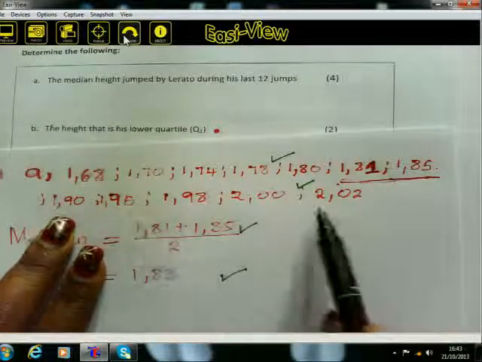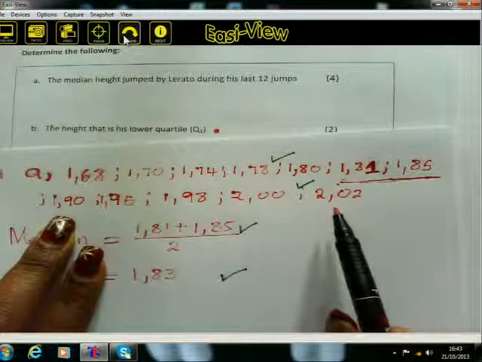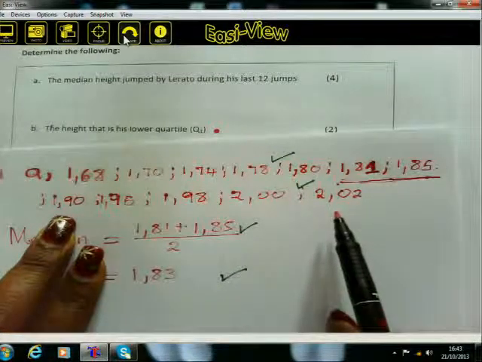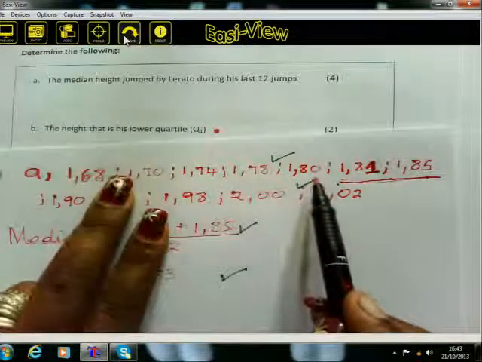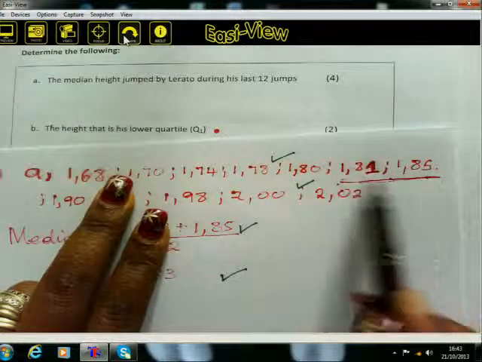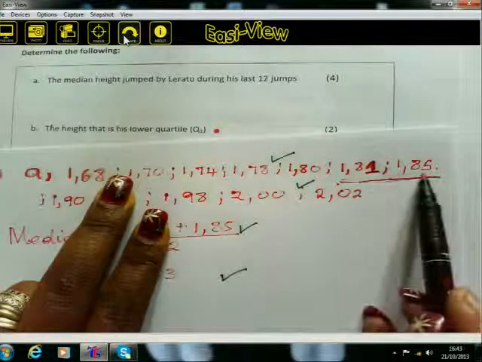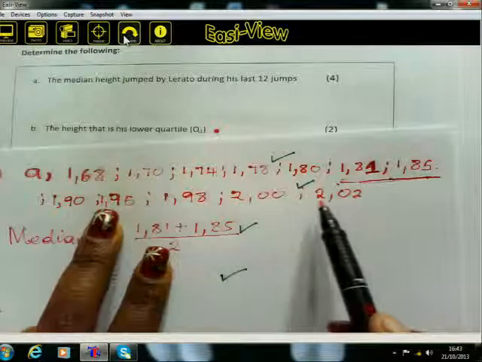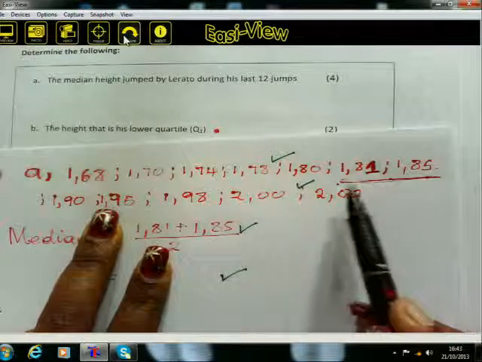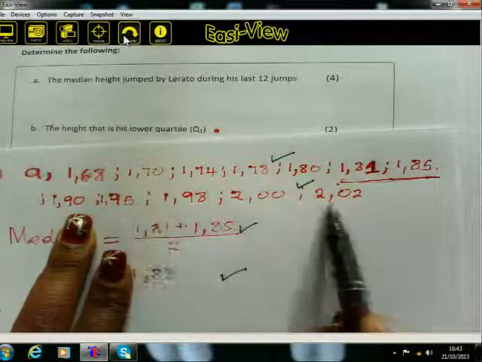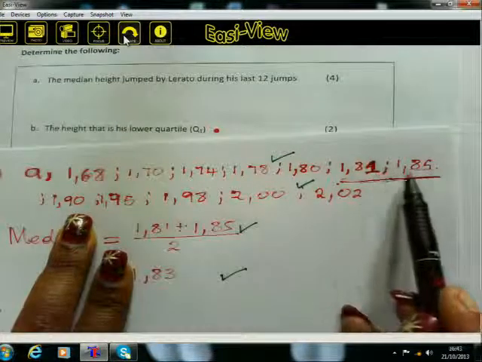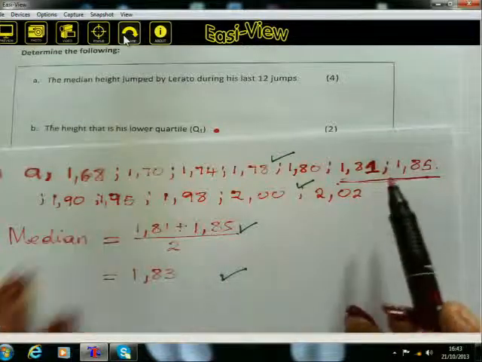They will help you to get your upper quartile. Remember, before you got your lower quartile, you skipped the 2 middle numbers. Then you got the numbers above the 2, which you can say upper. That is why you'll be able to get your upper quartile. So let us go back and answer number C.